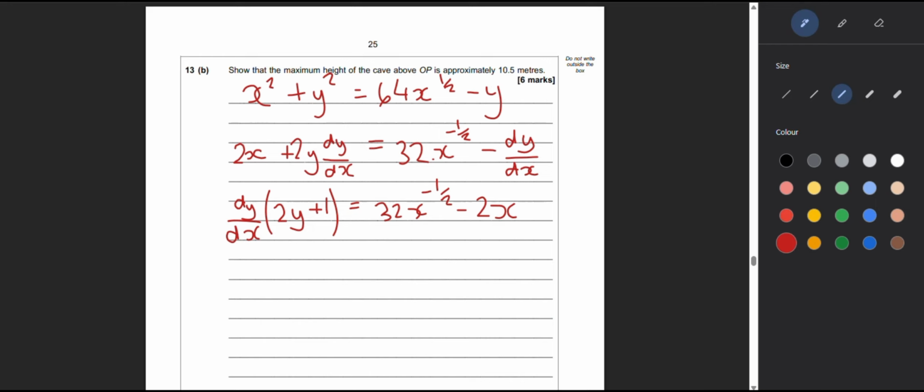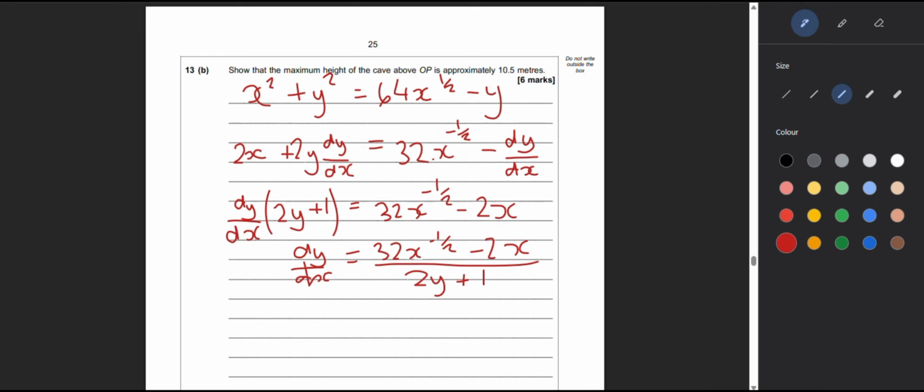Like so, and then we can divide by that 2y plus 1. So we end up with dy by dx is equal to 32x to the power of minus a half minus 2x, over 2y plus 1. So we end up with that.